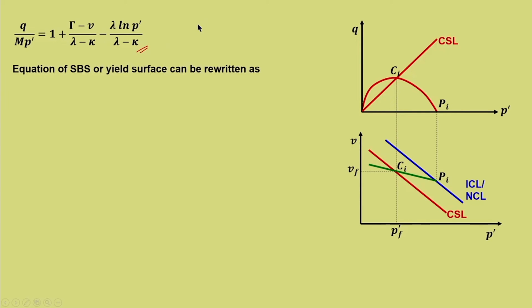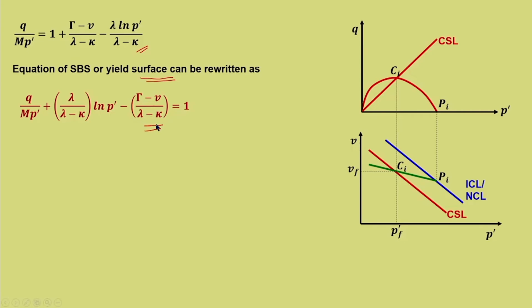So the equation of state boundary surface in terms of all the critical state parameters can be rewritten as q upon m p dash, this comes on the left hand side, lambda upon lambda minus kappa ln p dash minus gamma minus V upon lambda minus kappa equal to 1.